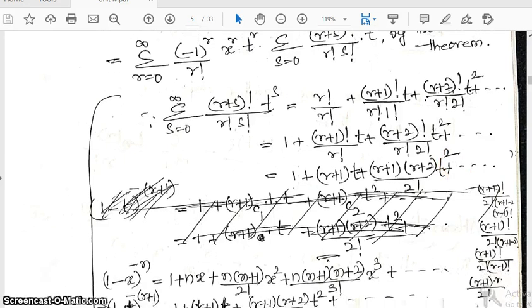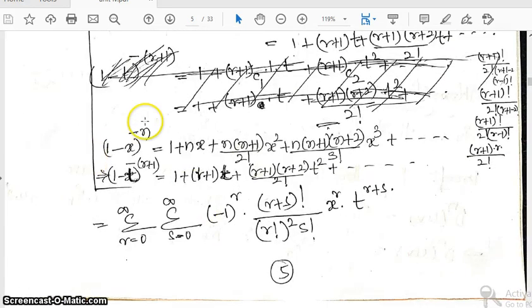And this is in the form of 1 plus nx plus n into n plus 1 by 2 factorial into x square plus so on, that is nothing but 1 minus x whole to the power of minus n by using binomial expansion. So that can be written as 1 minus t whole to the power of minus r plus 1.